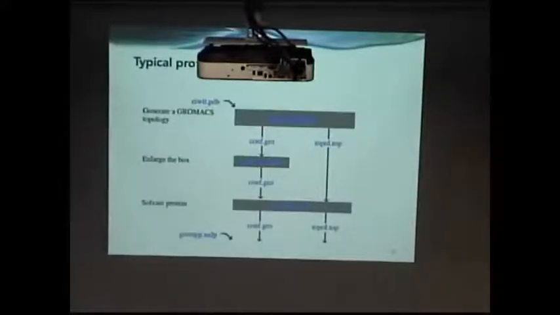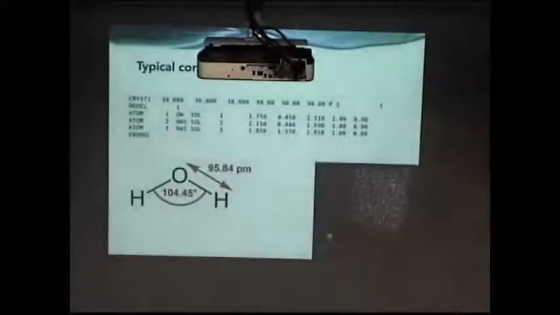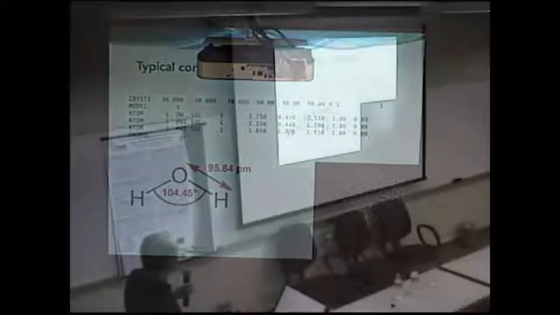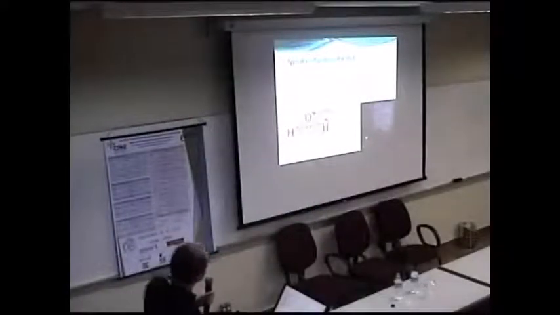Having these 3 files, we can follow this flow. First, you provide to GROMACS a PDB file, the starting configuration. Everybody knows what a PDB file looks like. It's something like that, okay? You have names for atoms and molecules.